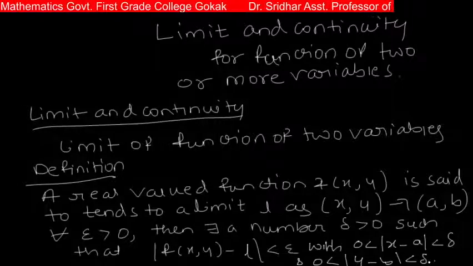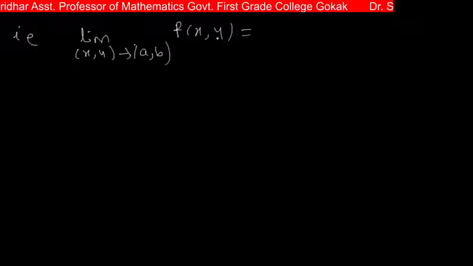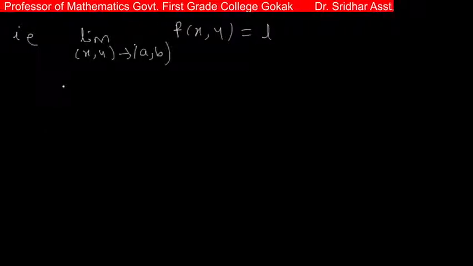Or in other words, this can be written as the limit as x, y tends to a, b of f of x, y is equal to L. So this is how we define the limit of a function of two variables.